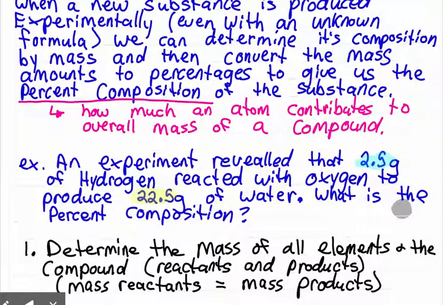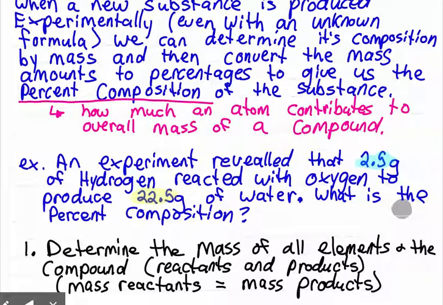Now, up in the given information, we can see that we have the mass of hydrogen at 2.5 grams, highlighted in blue, and we have the mass of water at 22.5 grams, highlighted in yellow. So those are very easy pieces of given information.